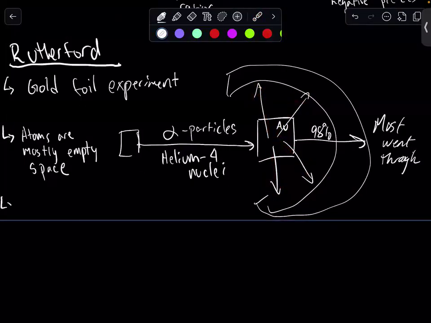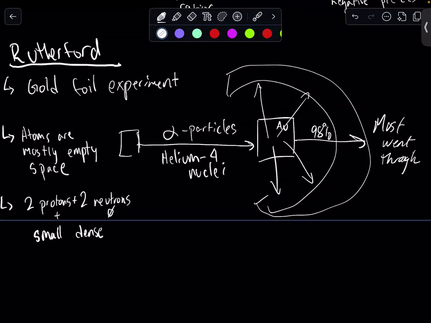The alpha particle or helium nuclei is two protons plus two neutrons. Protons are positive, neutrons have no charge, so it is a small dense positive particle. And what would make a positive particle deflect?